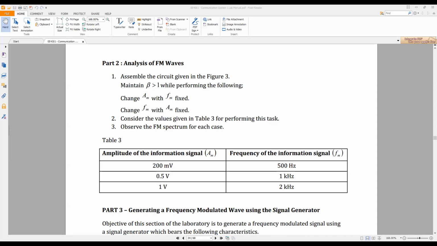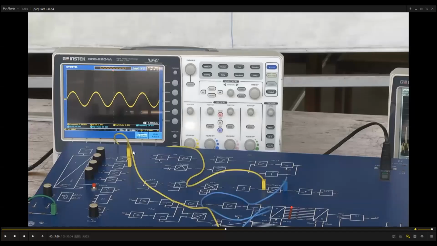So here in the oscilloscope, I'll show you. In the oscilloscope, we have the time axis here. Sorry, madam, we cannot see. You can't? Oh, okay, sorry. I'll show. Okay, now can you see?